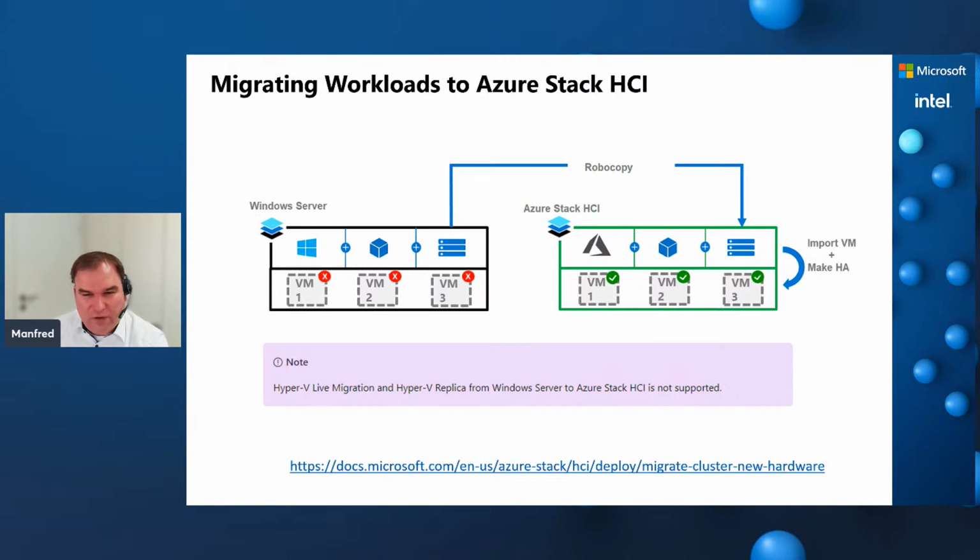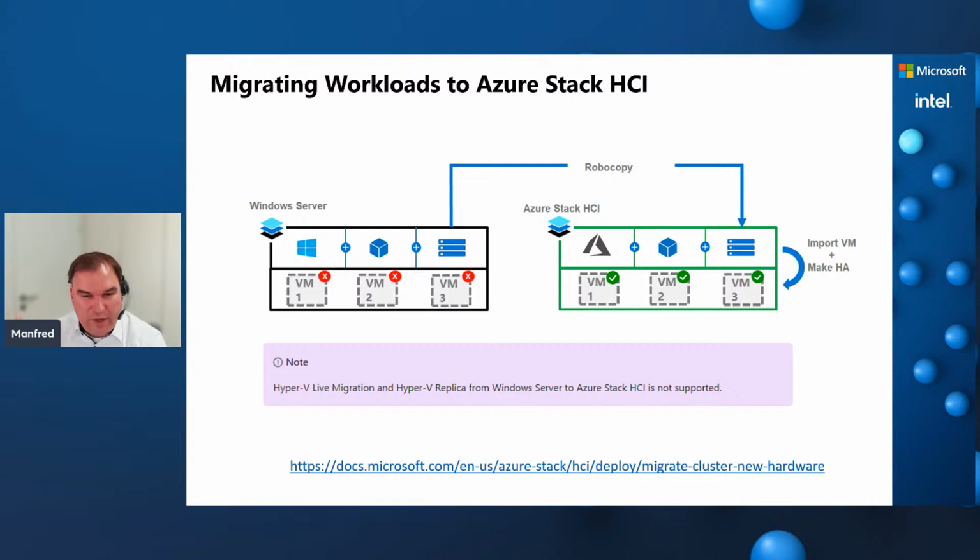So it doesn't make a difference if you migrate your workload from Windows Server 2012, 2012 R2, 2016, 2019, 2022 to Azure Stack HCI. You always have to do it via an export and import or via a robocopy action.